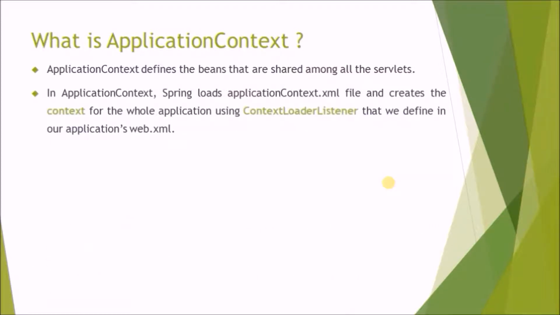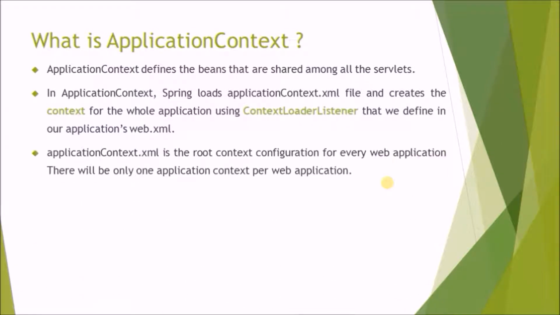In application context, Spring loads the applicationContext.xml file and creates the context for the whole application using the context loader listener that we define in our application's web.xml. applicationContext.xml is the root context configuration for every web application. There will be only one application context per web application.